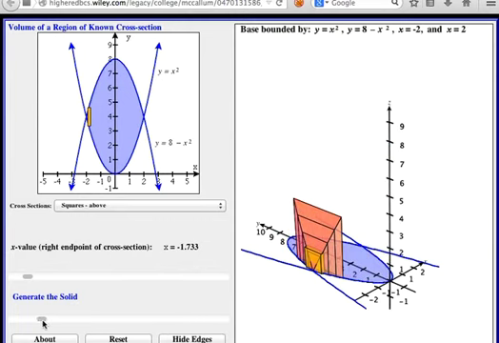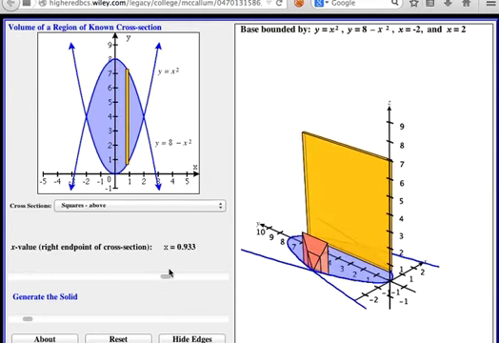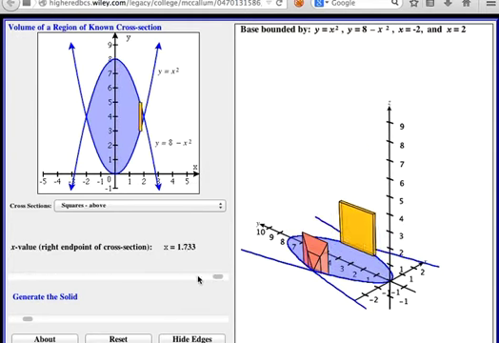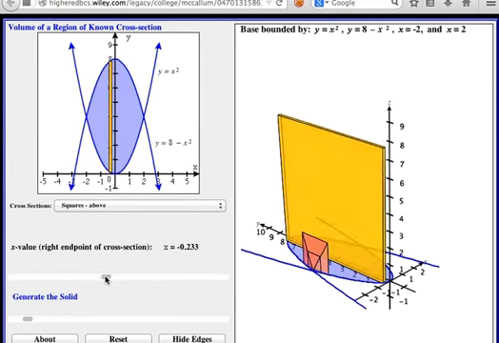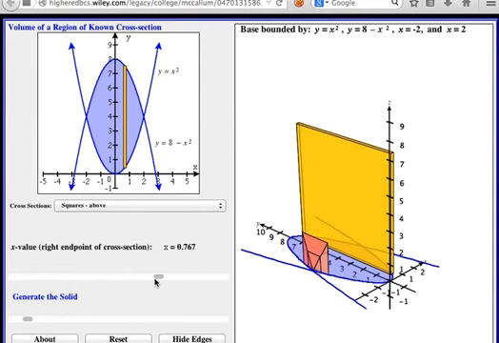So all we have to do is figure out how to generate a variable expression which represents the volume of one cross section. We need something that represents the volume of that square with an infinitesimally thin width to it.